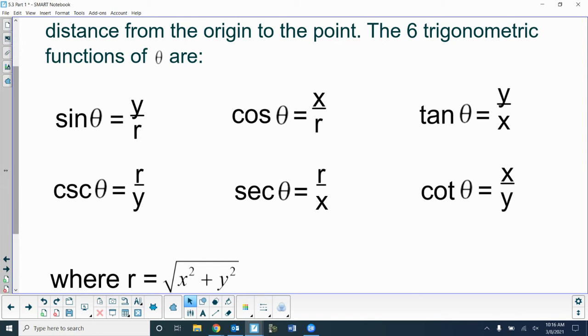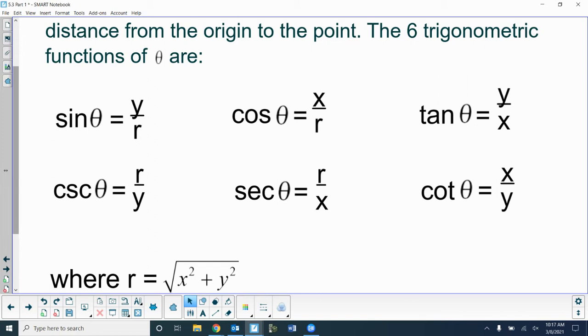Now, I might as well tell you this now. When we think of sine and cosine, if we are putting them in alphabetical order, which one would come first? Cosine, right? And when we think about x and y, which one would come first in the alphabet? X, right? So some people have trouble remembering if it's x over r for cosine or y over r. So just think about the alphabet. Cosine comes first in the alphabet.